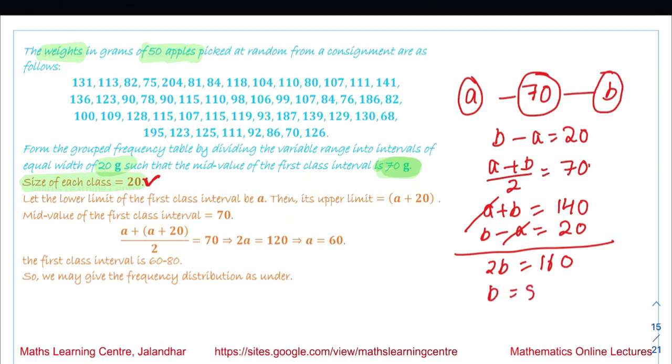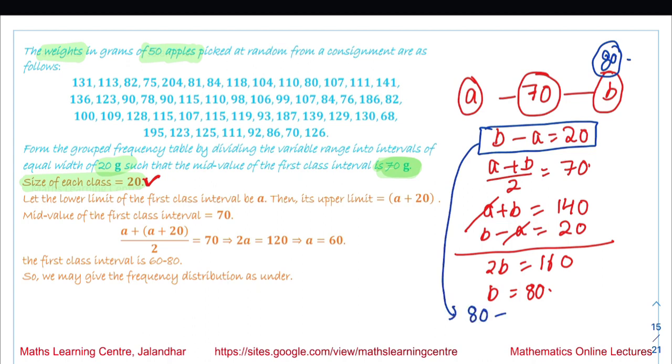So the value of B we will get is 80, and the value of A, if we substitute this value of B over here, we are saying 80 minus A is equal to 20. So 80 minus 20 is equal to A, and this is equal to 60. So the first interval we will get is 60 to 80. This is our first interval that we have to form.